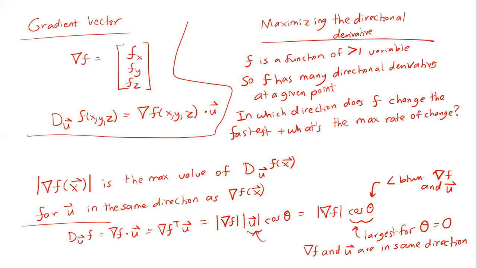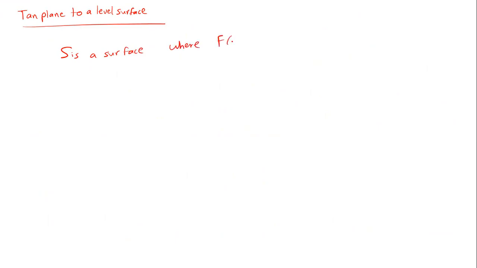And so then the one other thing I want to do as a review from calculus before we go back to our optimization stuff is to look at a tangent plane to a level surface. So we're going to have S is a surface where f of x, y, and z is equal to k.